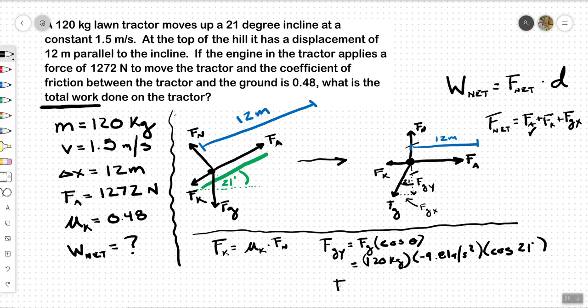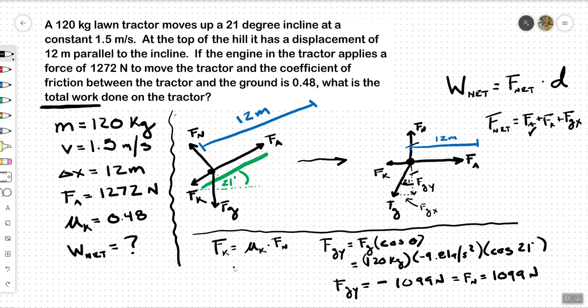If I plug that in, I get the force of gravity's y component is equal to down 1,099 newtons. So that means normal force will be opposite, or normal force will be 1,099 newtons up, or positive.